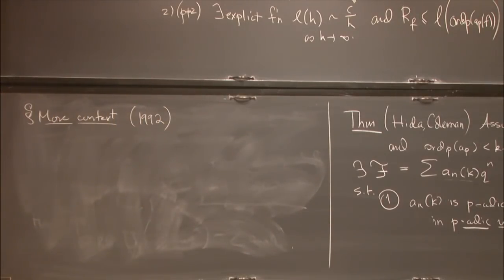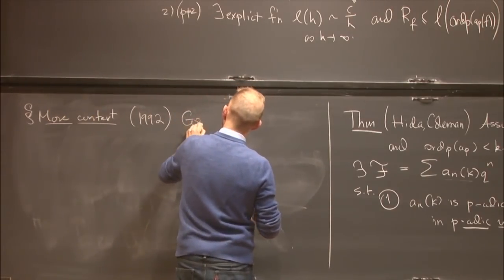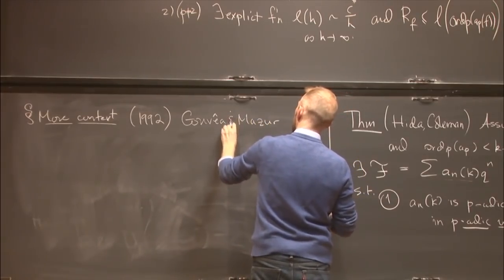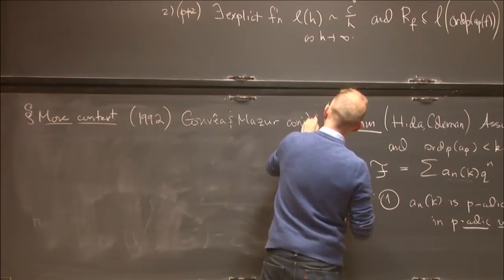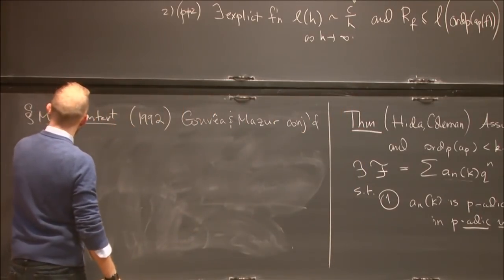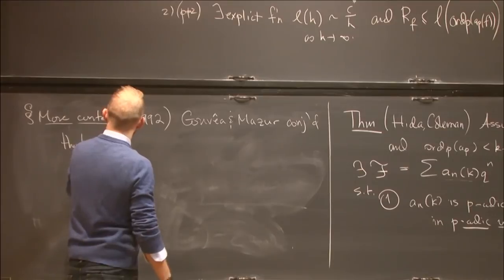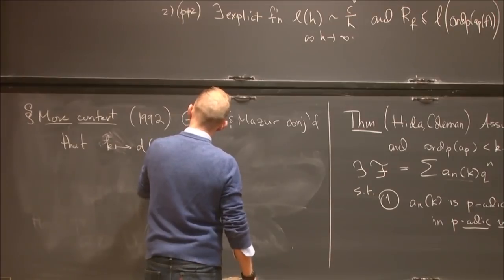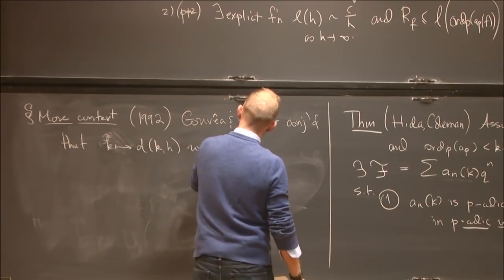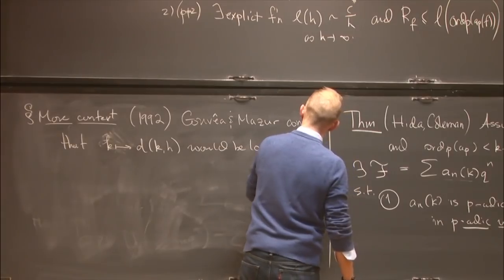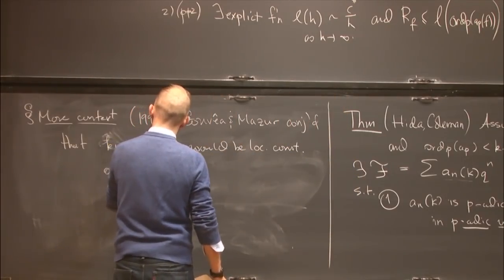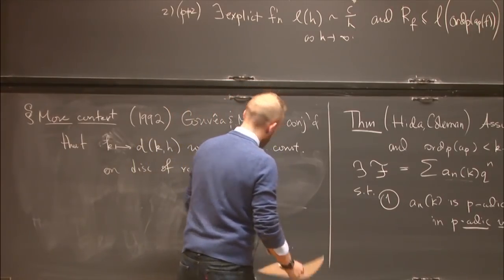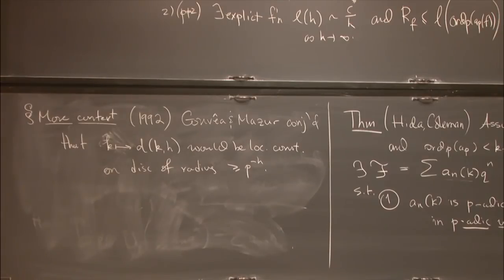So in 1992, Gouvea and Mazur made a conjecture, the Gouvea-Mazur conjecture, that k goes to d_{k,h} would be locally constant on a disk of radius at least p^-h.